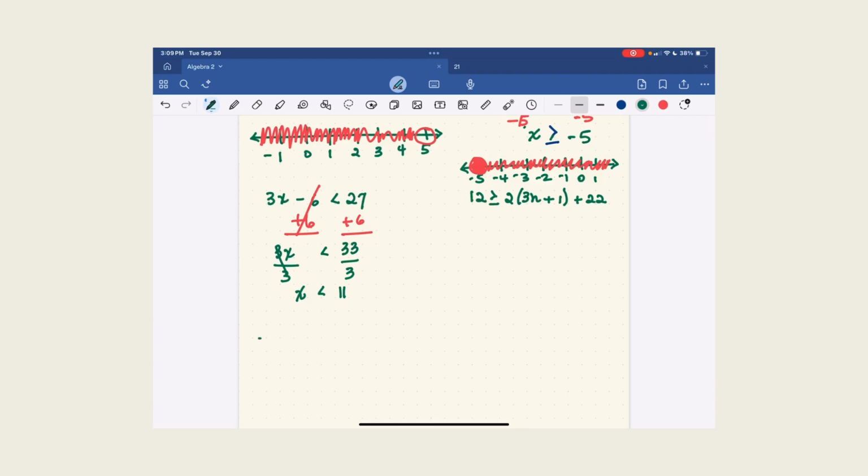To graph this inequality, you draw your number line. So 11, 10, 9, 8, 7.